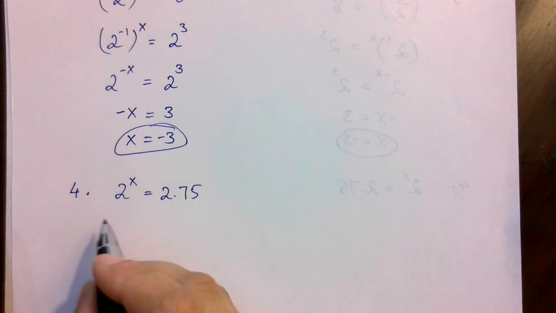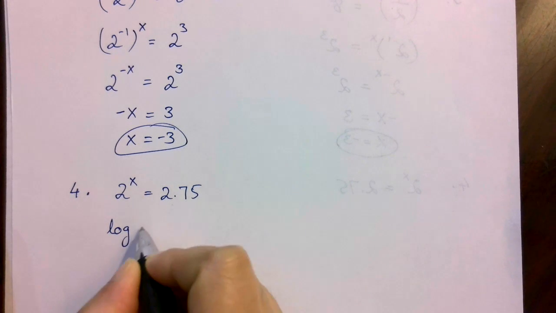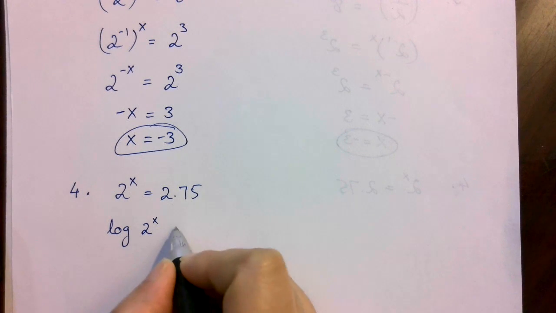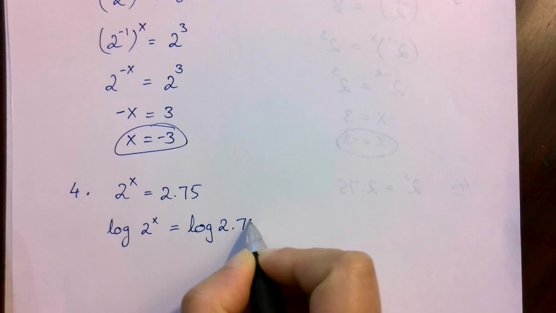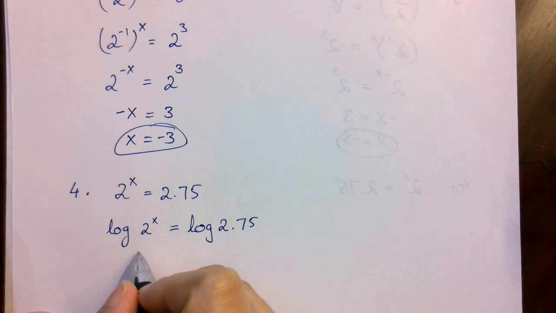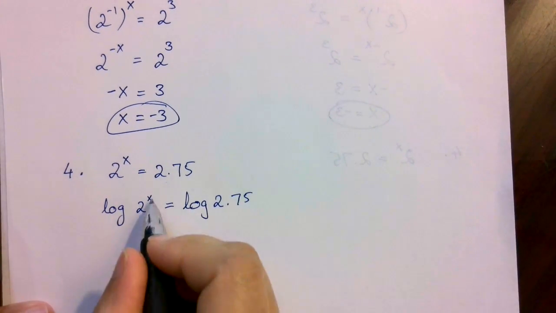So let's do that. So we'll apply log to base 10, or common logarithm, on both sides and say log of 2 to the power of x equals log of 2.75. Okay. Now, you know your properties of logarithms. Here we have log 2 to the power of x.